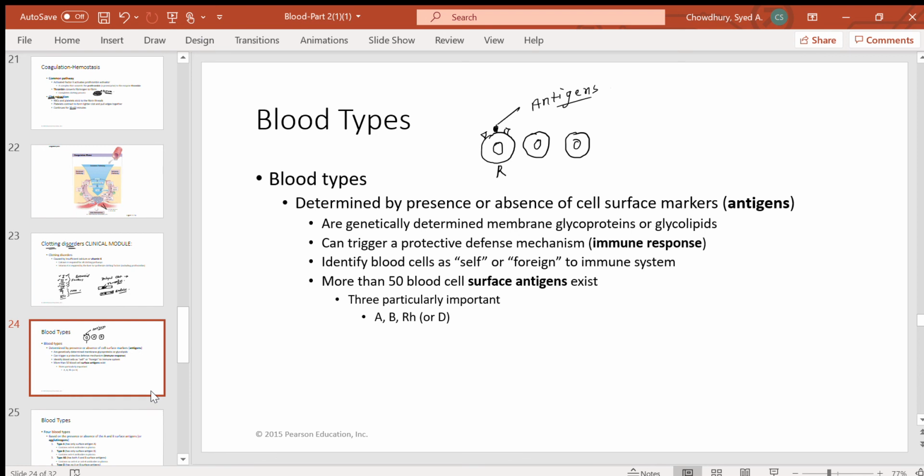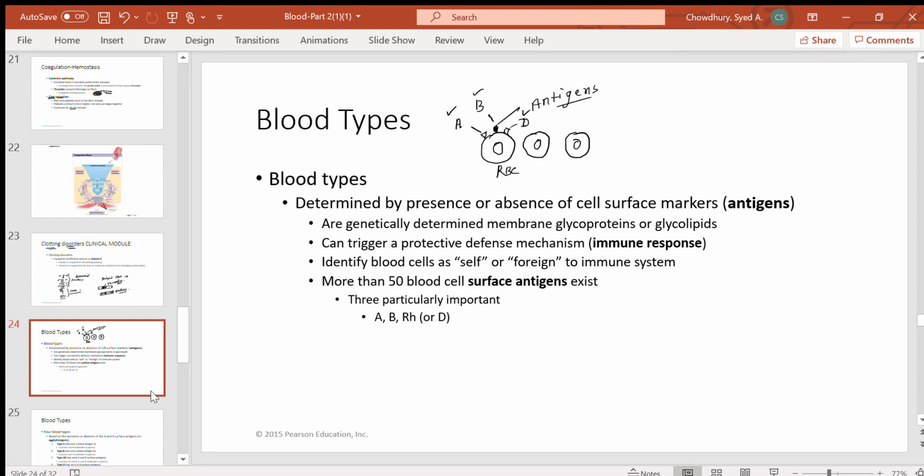So on the red blood cell surface, if this is A, for example, this is A antigen, this is B antigen, and this is D antigen. These are the main antigens. There are more than 3, but most of those are weak. So blood type is only determined by looking at these 3, presence or absence.